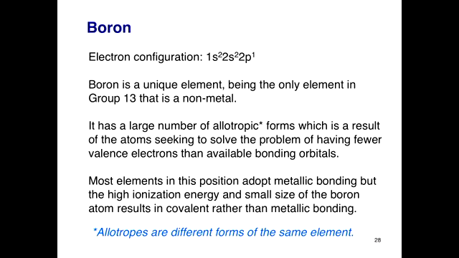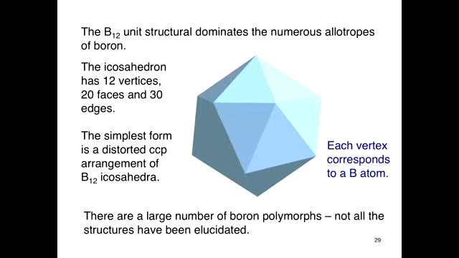And so it adopts many different types of form, but common to many of these forms are these B12 units. Now this is an icosahedron here. And what boron does is arrange itself so that it's at the vertices of this icosahedron. The icosahedron has a point up here, 5 in this plane here, another 5 in that plane there, and 1 down there.